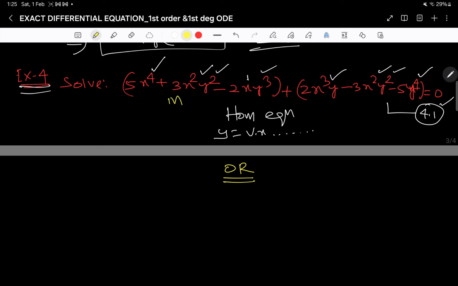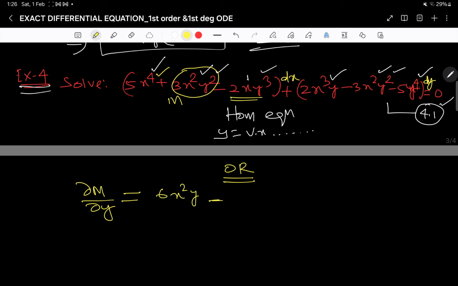If this is my M and this is dx and this is dy, so what is del M by del y? It is 3x square into 2y, 6x square y, minus 6xy square.